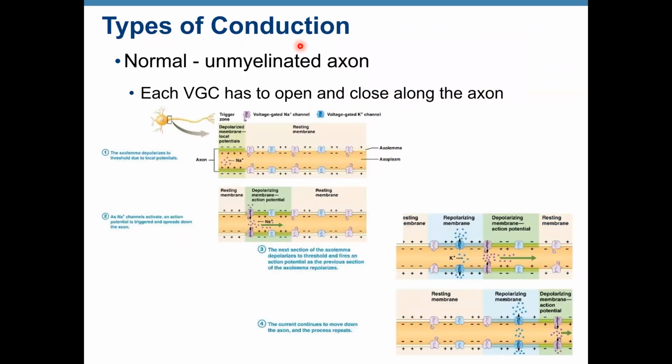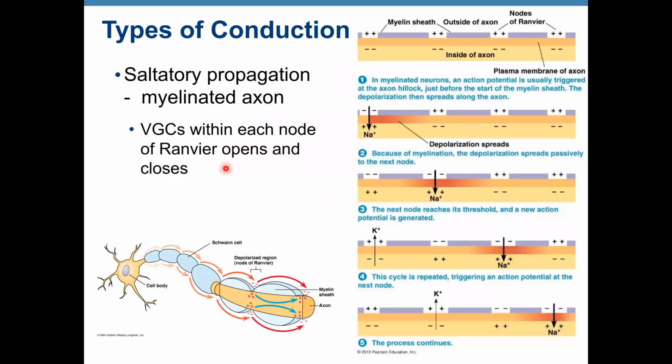So, types of conduction. It can be a normal unmyelinated axon. Then we need to open every single VGC along the axon. So this will be normal conduction in an unmyelinated axon. But if we have the myelin sheath, then VGCs only open at the nodes of Ranvier.